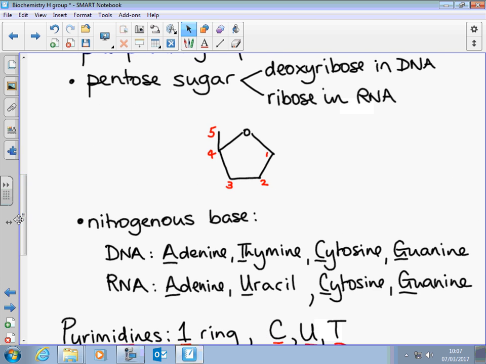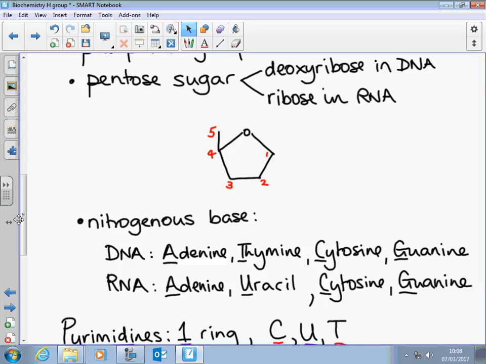Here, we called them 1, 2, 3, 4, and 5. But when we attach something else to that that's also got its own carbons, we've got to distinguish between them. That's an oxygen atom at the top. So yeah, the 5 carbons are not forming the pentagon. Right? The pentagon's 4 carbons and an oxygen. A bit like with glucose, we had 5 carbons and an oxygen.